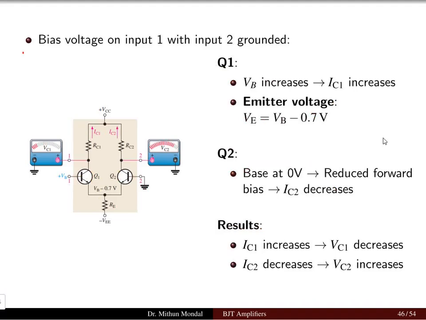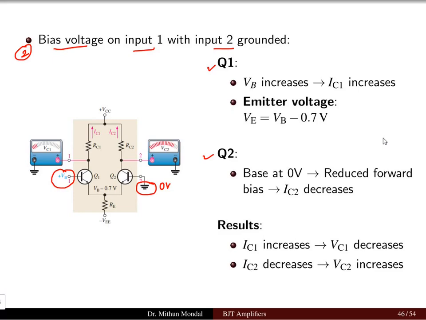The second case we can take is the bias voltage on input 1 with input 2 grounded. So here we can see that the base bias voltage is applied to transistor Q1, and transistor Q2 is grounded at 0 volt. In that case, what happens in Q1 and Q2?